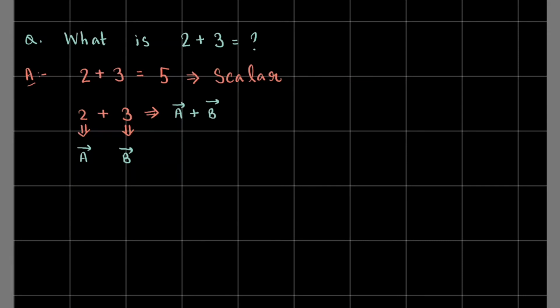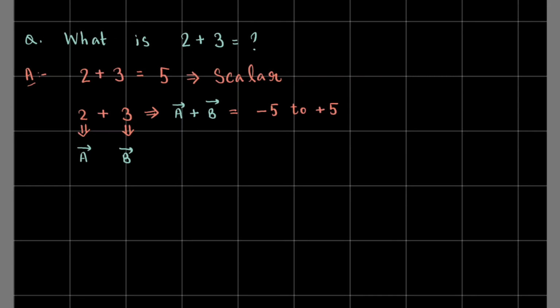Okay. And in case of vectorial additions, the answer may lie anywhere between -5 to +5. Okay, anywhere between -5 to +5. And how do we get at the exact value of the answer?